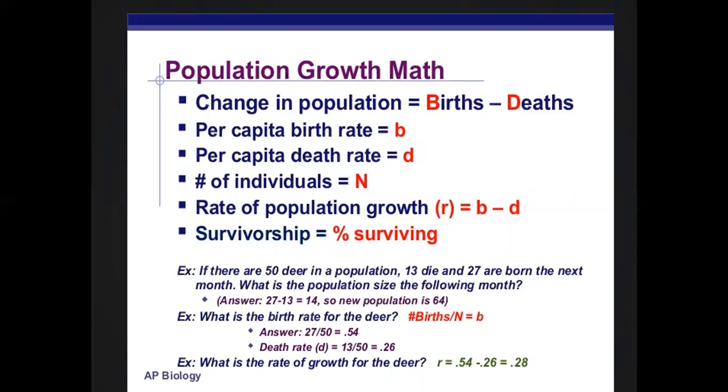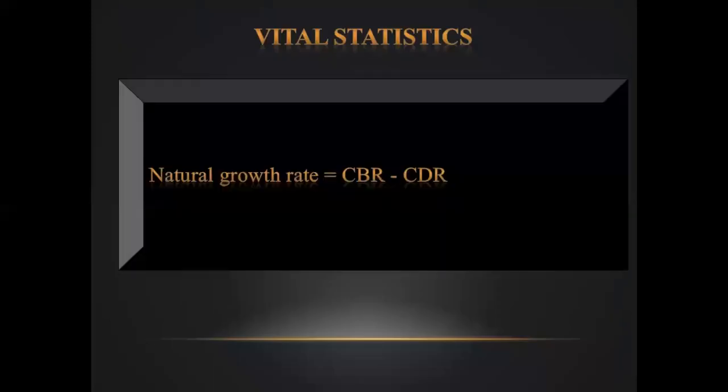So rate of population growth equals B minus D. So the natural growth rate equals crude birth rate minus crude death rate.